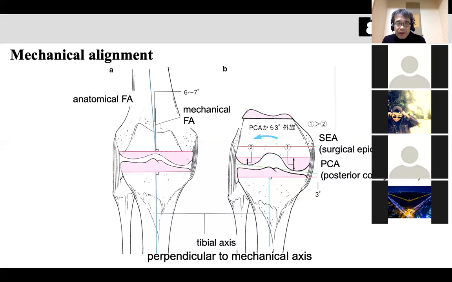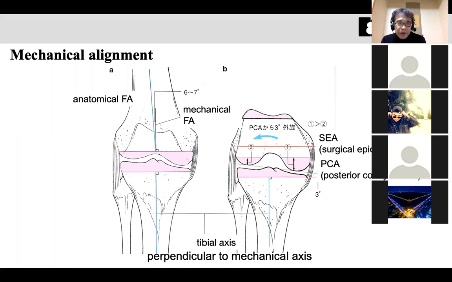But the femur side is quite difficult, because it is hard to detect the location of the femoral head. So the only thing we can recognize directly and precisely is the femoral canal.